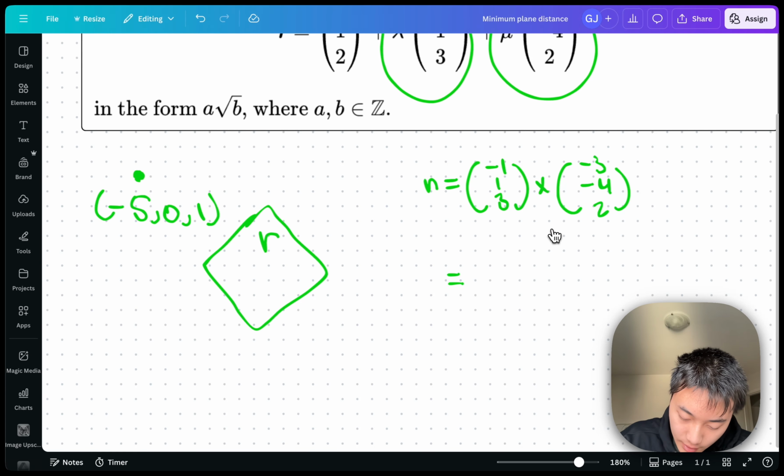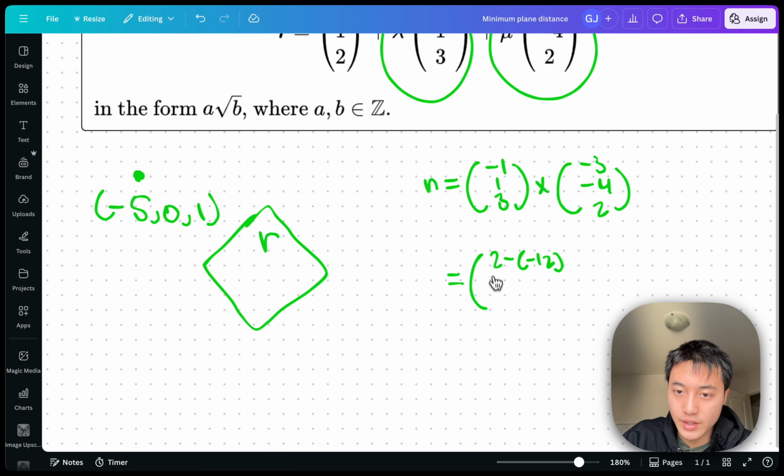The x is going to be 1 times 2, so 2, minus 3 times 2, which is negative 12.